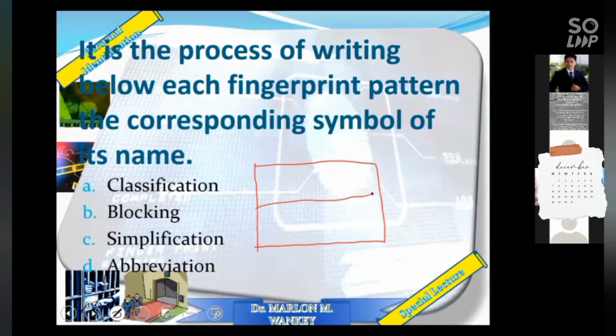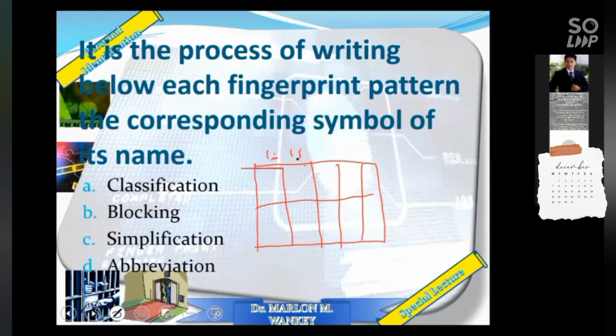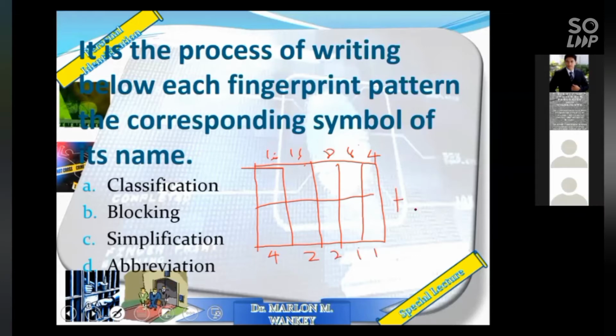So, how many columns? There are 5. Okay. So, you need to put the figure 16, 8, 8 divided by 4, 4 divided by 2 is 2, and 2 divided by 2 is 1, then add 1. Okay.